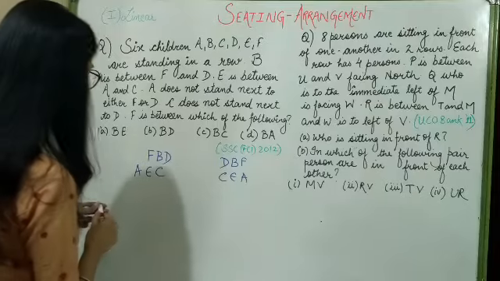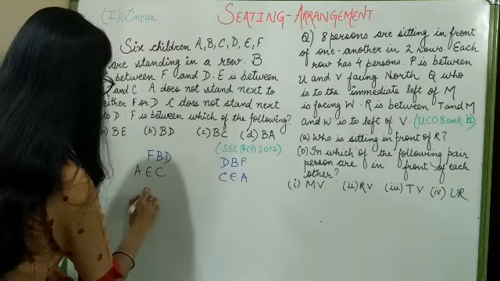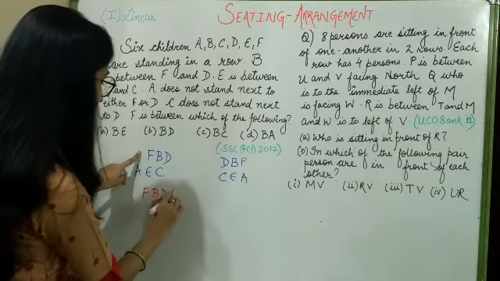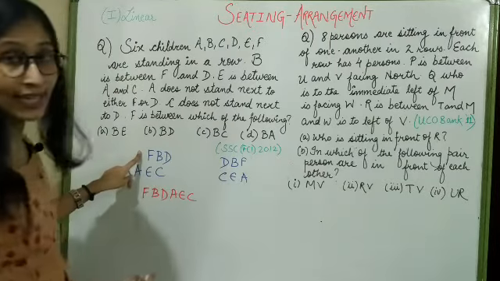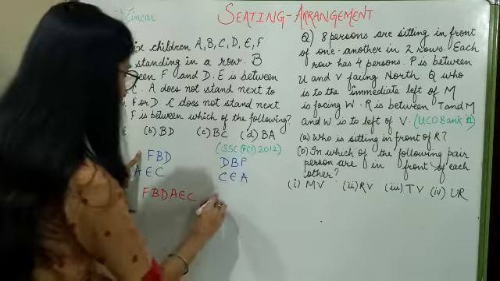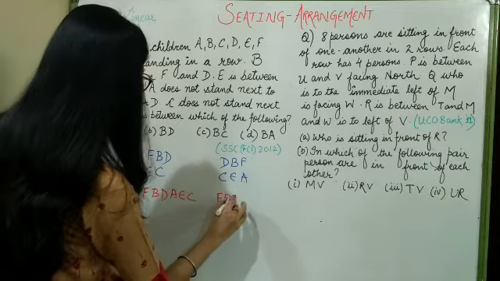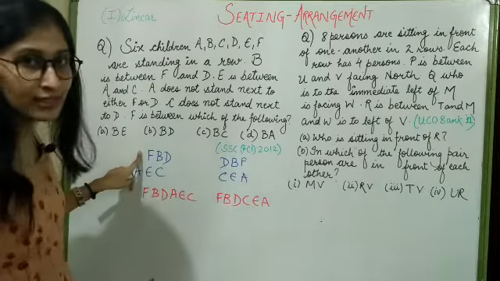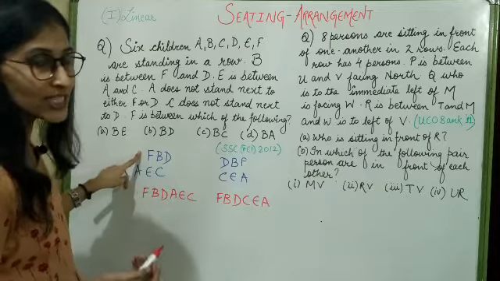See, it can be either FBD, AEC. The order can be like this, or FBD, CEA. This is also satisfying the 2 conditions.